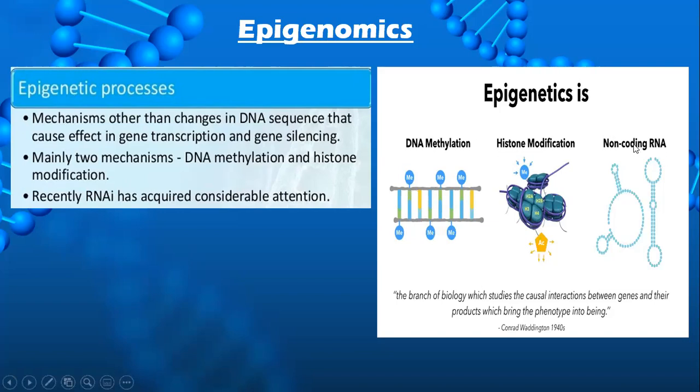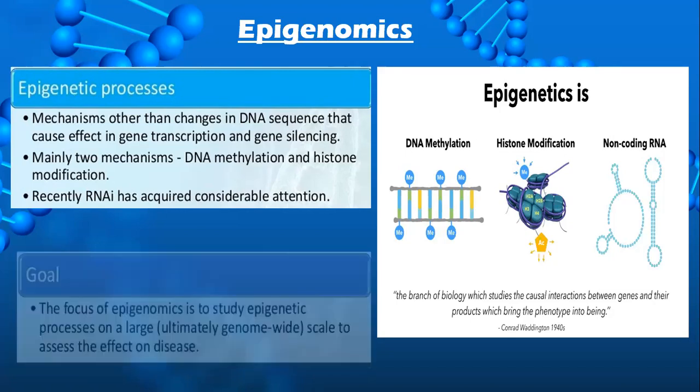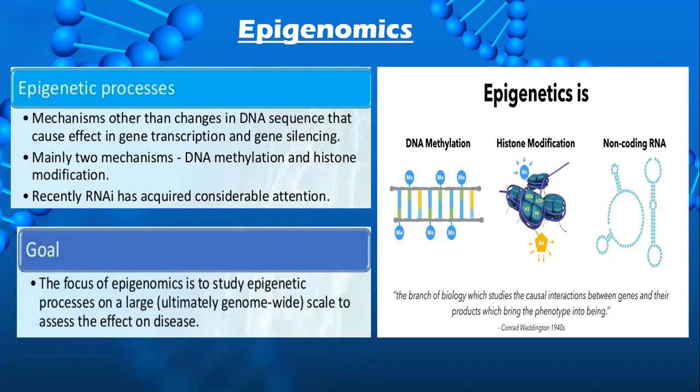Also, recently, non-coding RNAs and small interfering RNAs have garnered a lot of attention in epigenetic processes. Coming to the goal of epigenomics, the main focus is to study the epigenetic processes on a large scale, or genome-wide scale, to assess their effect on disease.